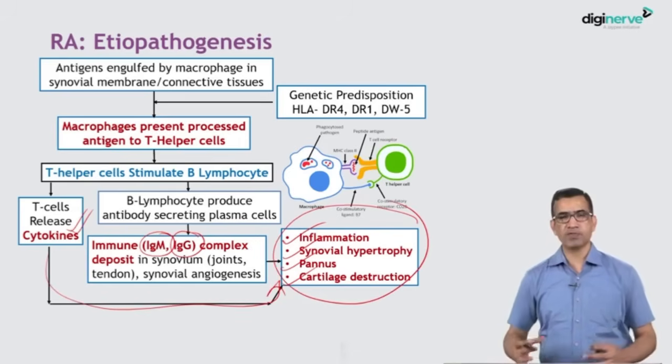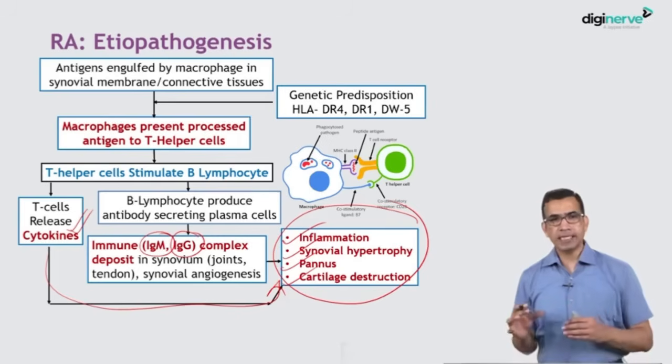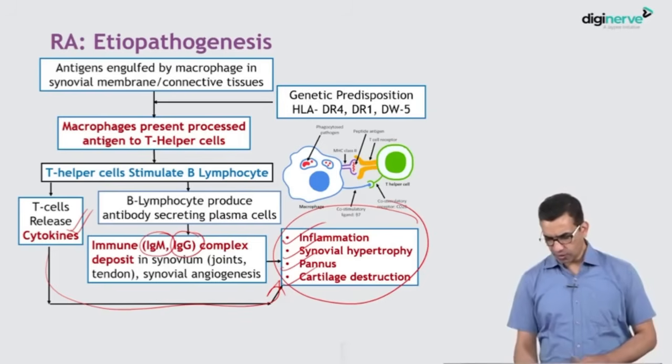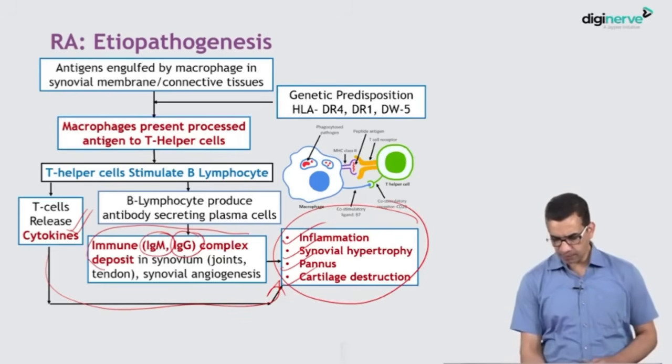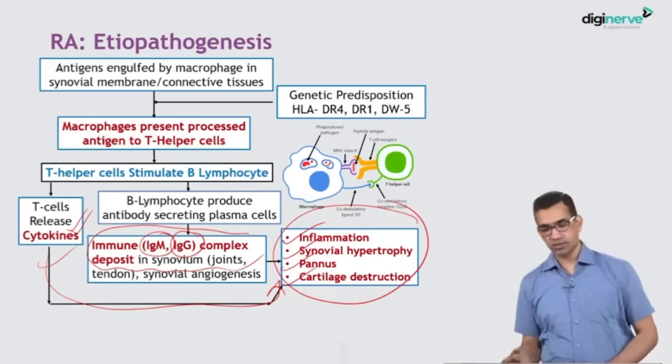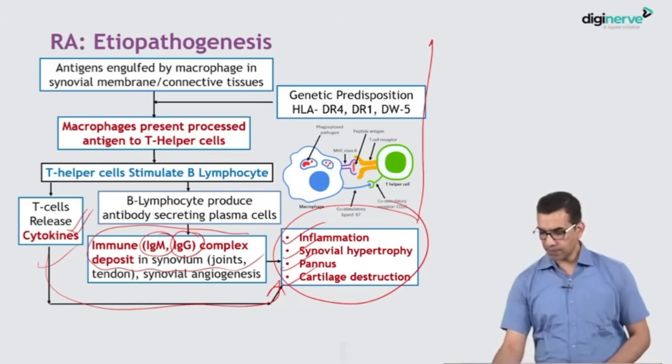So this is a very complex process where cytokines and antigen-antibody complexes cause this. If you want to remember one line, you can say it is basically the complex deposition in the synovium along with the cytokines which cause the inflammation, hypertrophy, pannus formation and cartilage destruction. But this is the process which happens before.